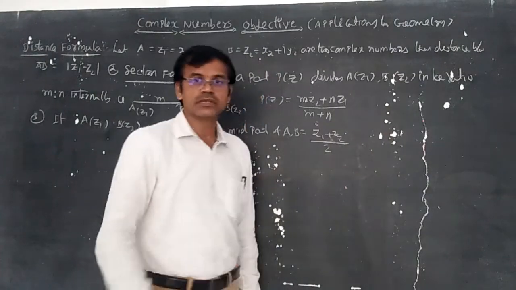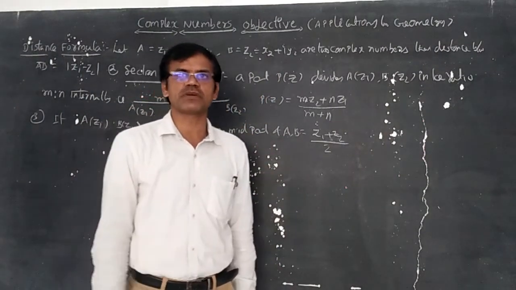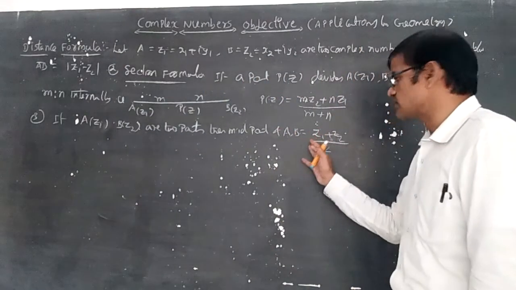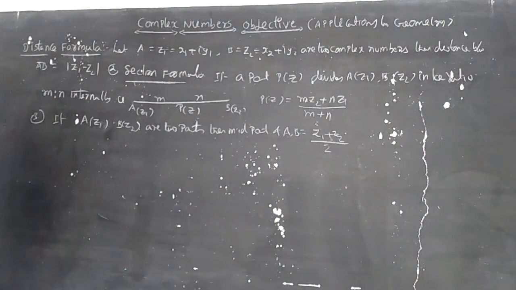That's all. This means (x1 plus x2) by 2, comma (y1 plus y2) by 2. In the same way, for the complex numbers Z1 and Z2, we can write (Z1 plus Z2) by 2.